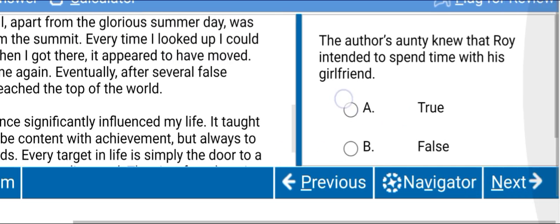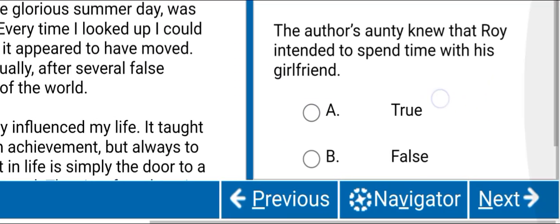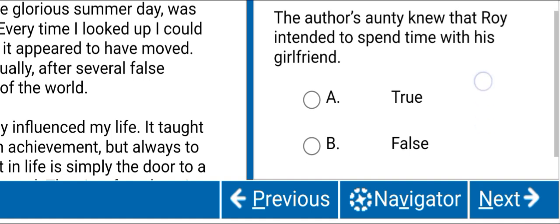Okay, now here we have a statement, or you can say information is given, that the author's auntie knew that Roy intended to spend time with his girlfriend. Option A, true. Option B, false.